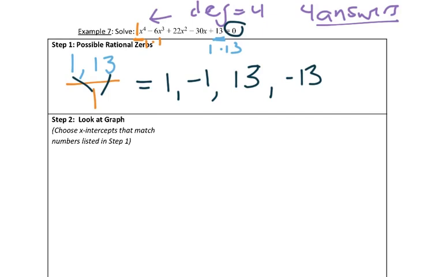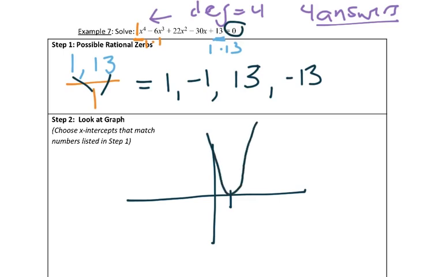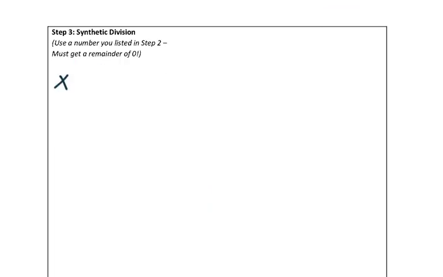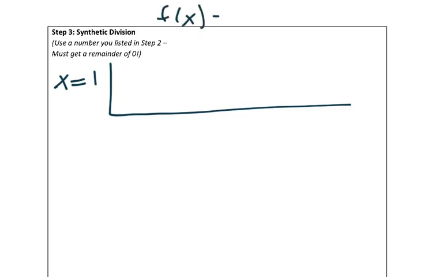It's taking my calculator a minute to graph that. When we graph it, the only thing I see is it kind of comes down and hits, looks like maybe 1, and then goes back up. So we're going to have to start with x equals 1 because it's the only thing that even looks like it might be a possibility. So we're going to write x equals 1 here. Give me a minute to get this written down up here again so that I can see it.